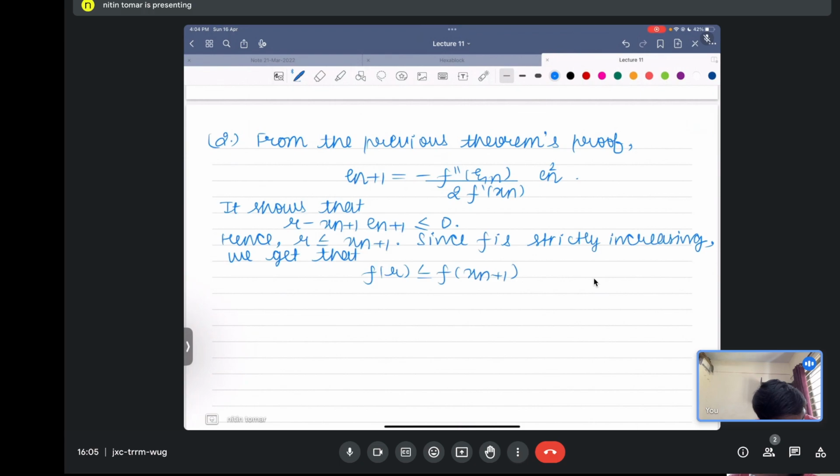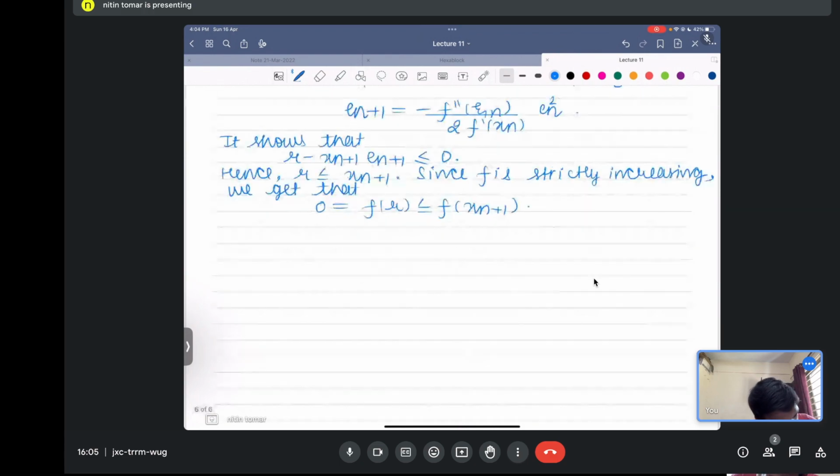And this precisely means that, because this is 0, f of x_{n+1} is greater than or equal to 0 for all n in N.